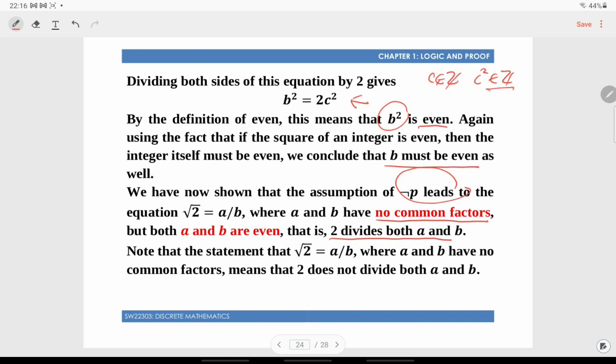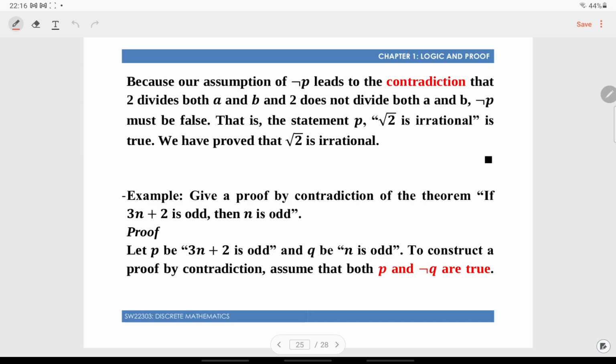Note that the statement that square root of 2 equals a over b, where a and b have no common factors, means that 2 does not divide both a and b. So because our assumption of not p leads to the contradiction that 2 divides both a and b and 2 does not divide both a and b, then not p must be false.